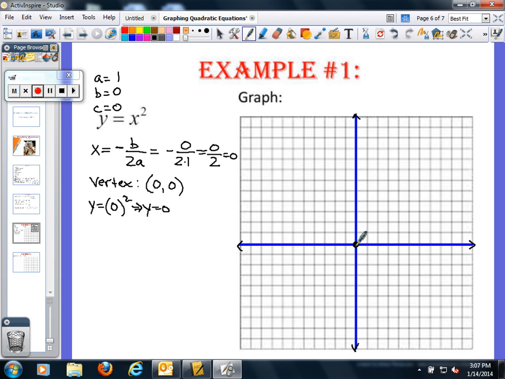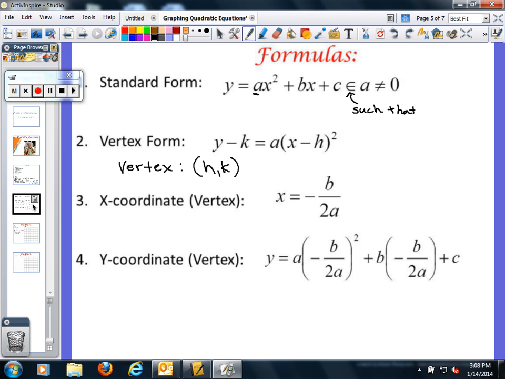One other thing that I did not put on for the formulas for standard form: if A is greater than 0, then that means the graph opens up.